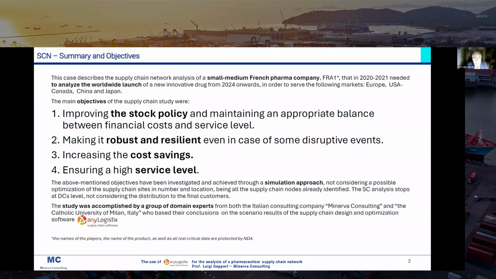I acted as a consultant in a team of a consulting company, where the consulting company was involved in several aspects of the supply chain, which means preparing the contract, making the memorandum of understanding, and preparing the contract for the CMOs, the contract manufacturers, and so on.